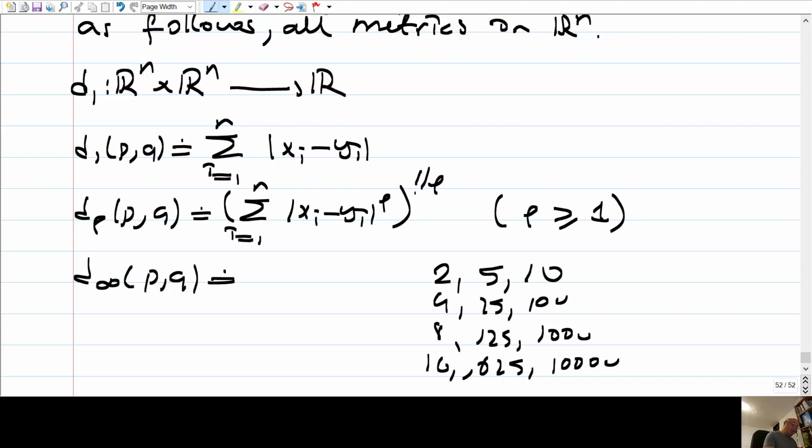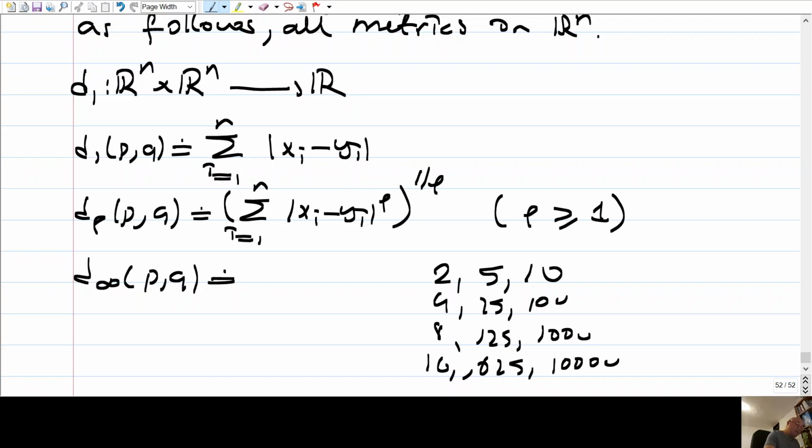The bigger one will dominate the rest, and when you take the 1 over rho root, that will survive. Rho will cancel with 1 over rho, but the other ones will disappear, right? They will go to 0. So this will be just the surviving term as rho goes to infinity.